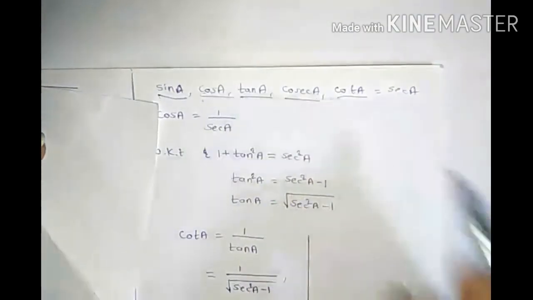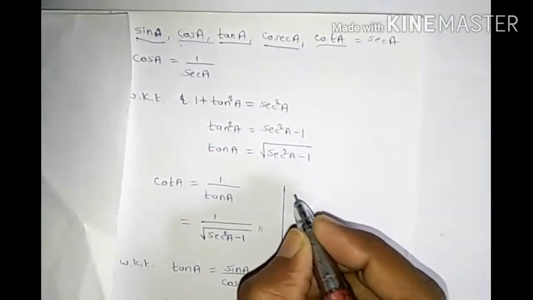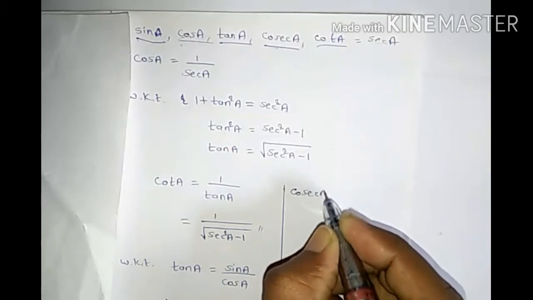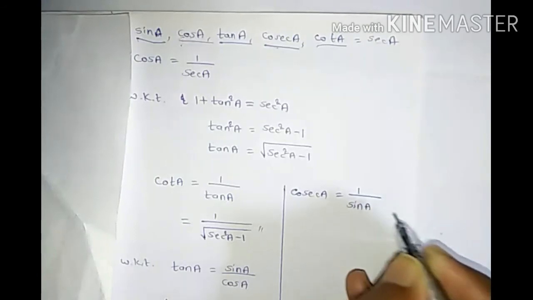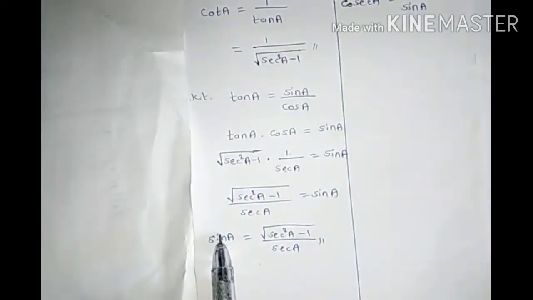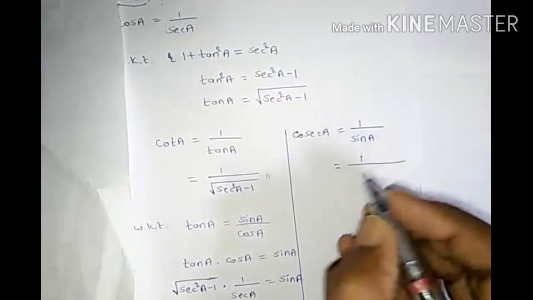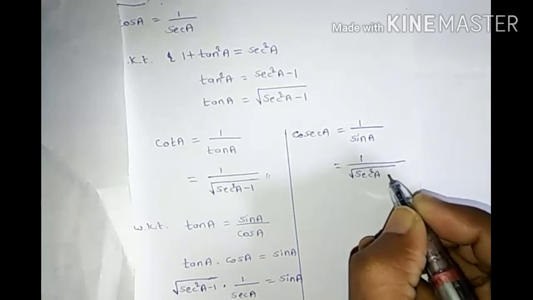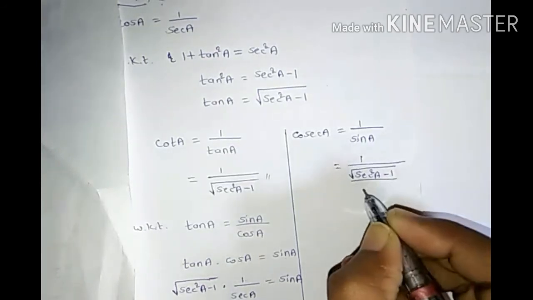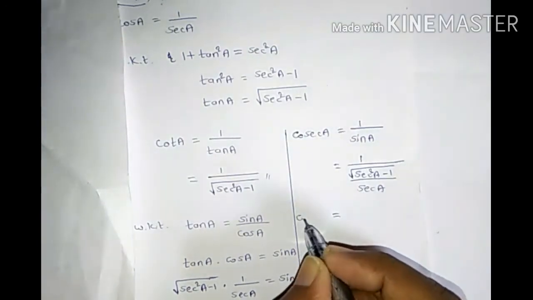Next we will take cosec A. We know the identity that cosec A equal to 1 by sin A. Now write the value of sin A: one divided by square root of sec square A minus 1 divided by sec A. Write the reciprocal of this now.